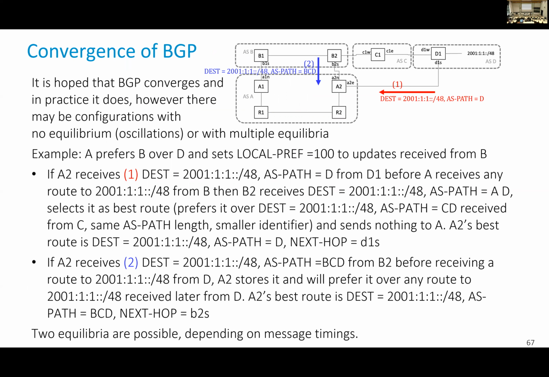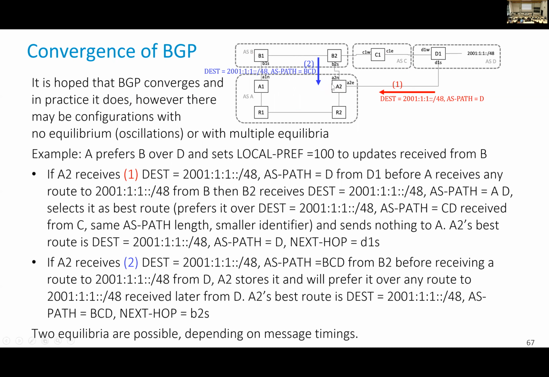And if we combine all those rules together, the question is, we hope that BGP converges, in the sense that at the end of the exchange of messages, the exchange of messages does end, because one AS informs an AS about routes, another about other ones.